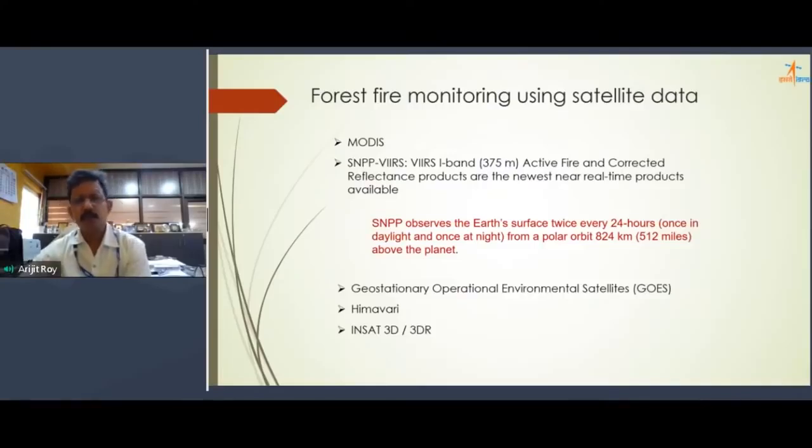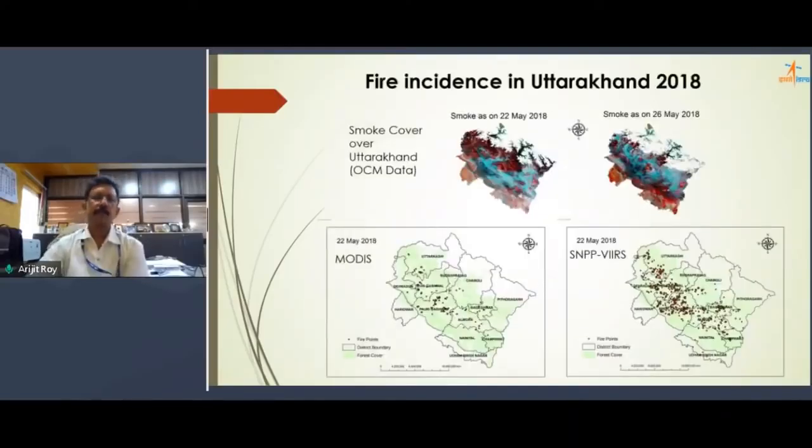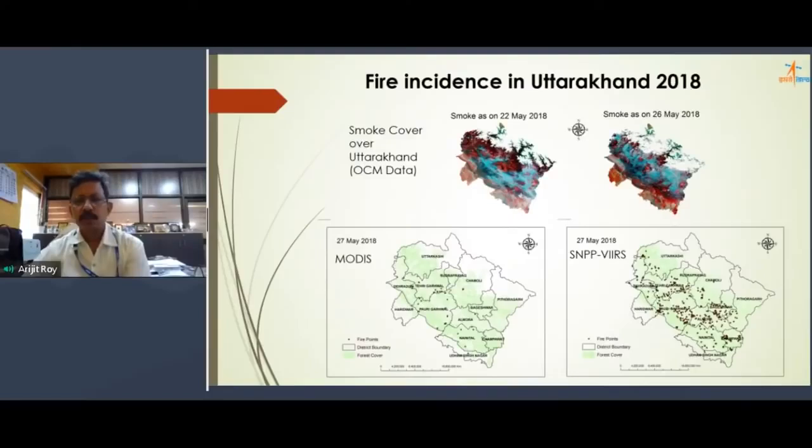We also have geostationary operational environmental satellites like GOES, Himawari, or ISRO's INSAT-3D and 3DR, which also have the potential to provide information on active forest fires. For example, in the fire incidents in Uttarakhand in 2018, we used MODIS and SNPP VIIRS in tandem to estimate the daily fire incidences across Uttarakhand.